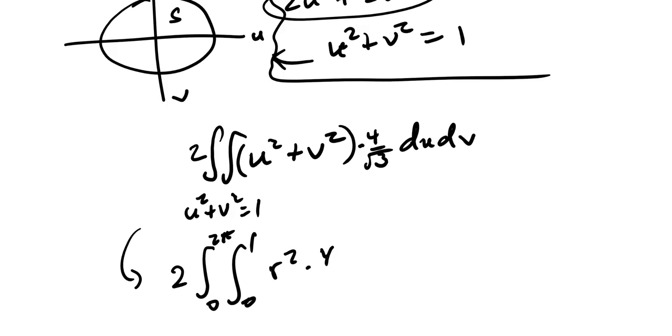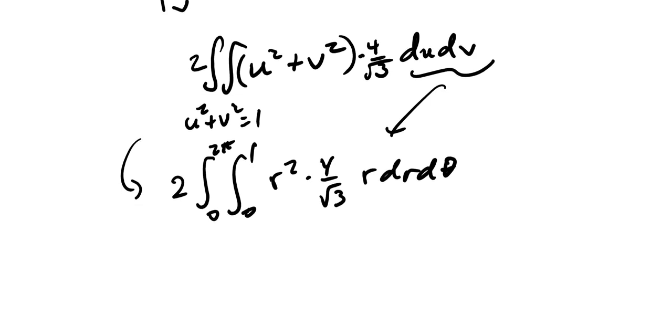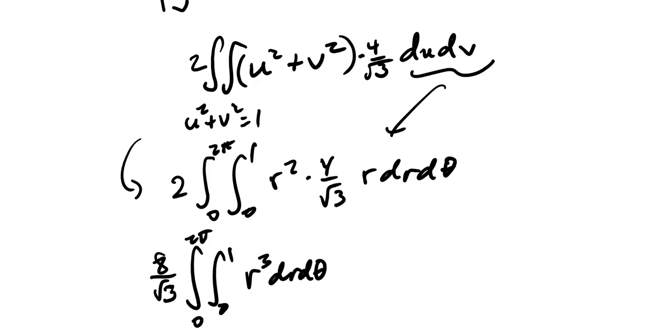We multiply by the 4 over root 3, and then this du dv becomes r dr d theta. So let's do the math real quick. This is 8 over root 3, double integral, 0 to 2 pi, 0 to 1, and then that'll be r to the third dr d theta.